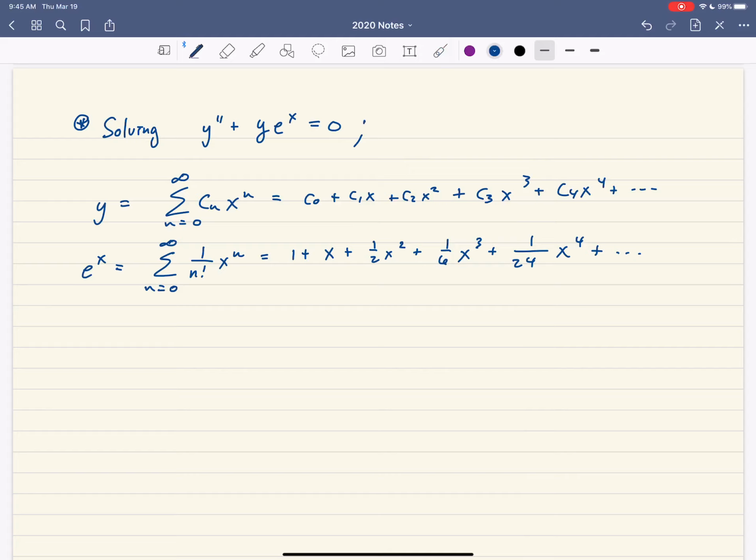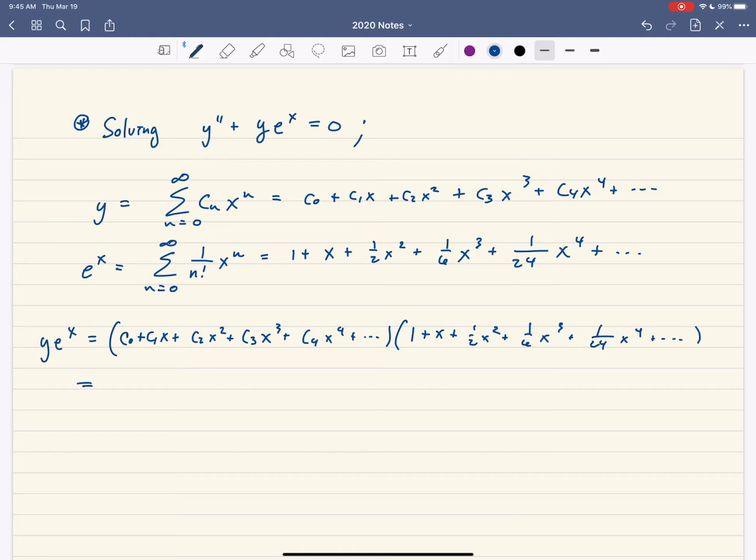We're not going to do anything fancy. We're just going to write the power series for each of these. So this is c0 plus c1x plus c2x squared plus c3x cubed, and so on, c4x to the fourth. And we're going to multiply that by 1 plus x plus 1/2 x squared plus 1 over 6 x cubed plus 1 over 24 x to the fourth, and so on.